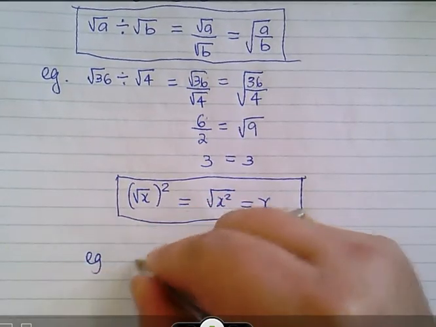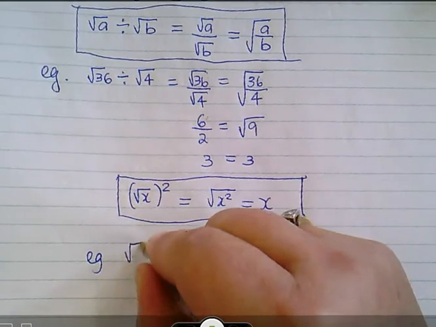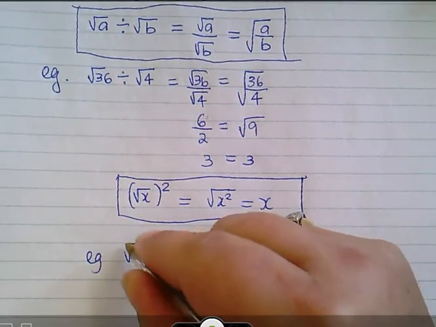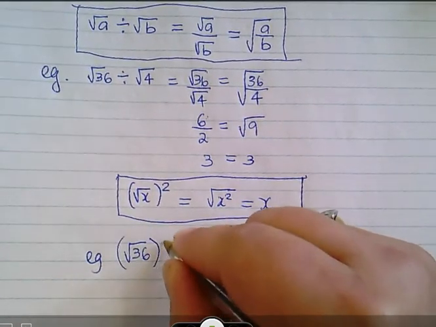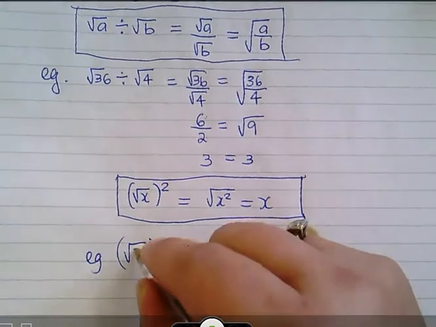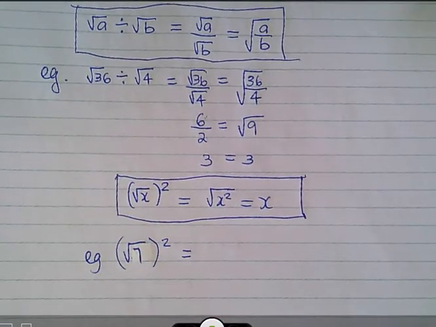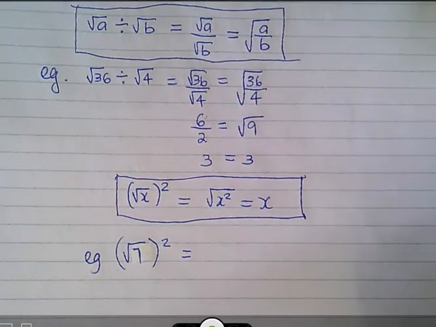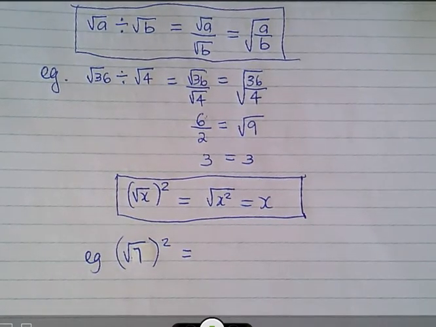An example would be the square root of 36 squared. Now, actually no, I'm going to choose another one. The square root of 7 squared. Do you know what the square root of 7 is? What's the square root of 9?